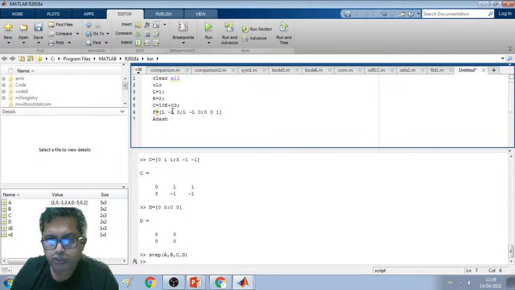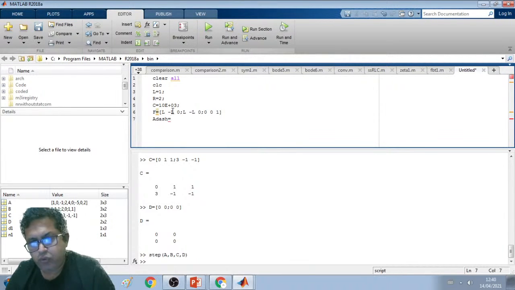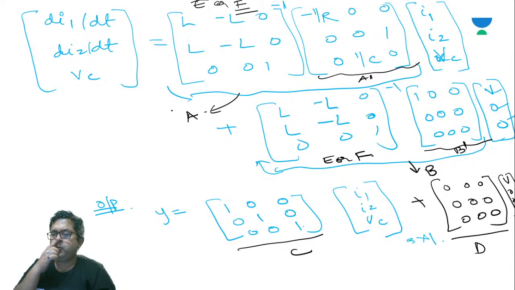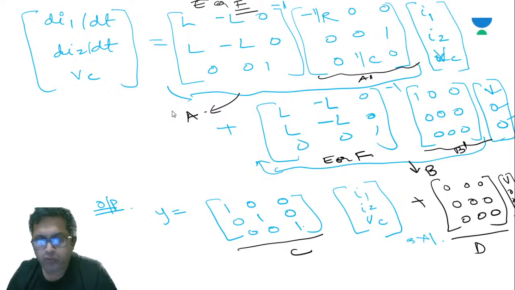A dash is equal to, what is the A dash matrix? Minus 1 by R, 0, 0, 0, 0, 1, 0, 1 by C, 0.